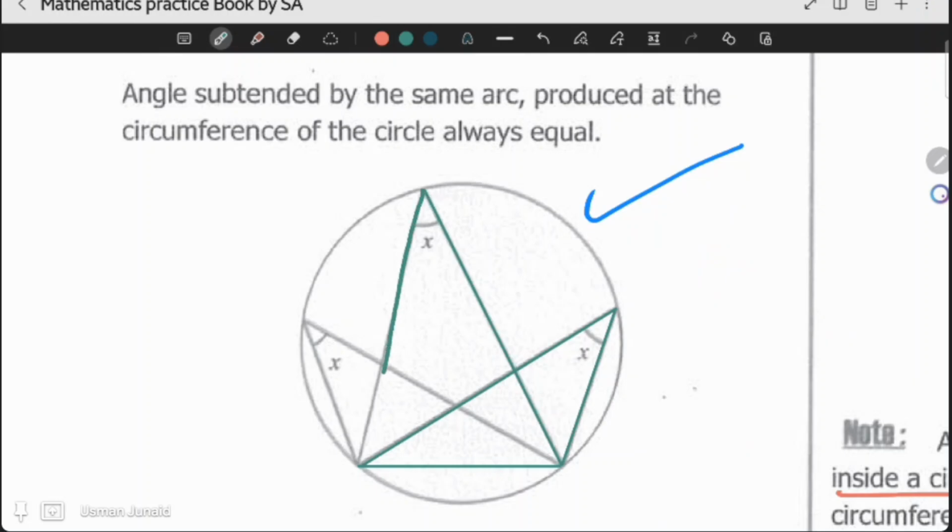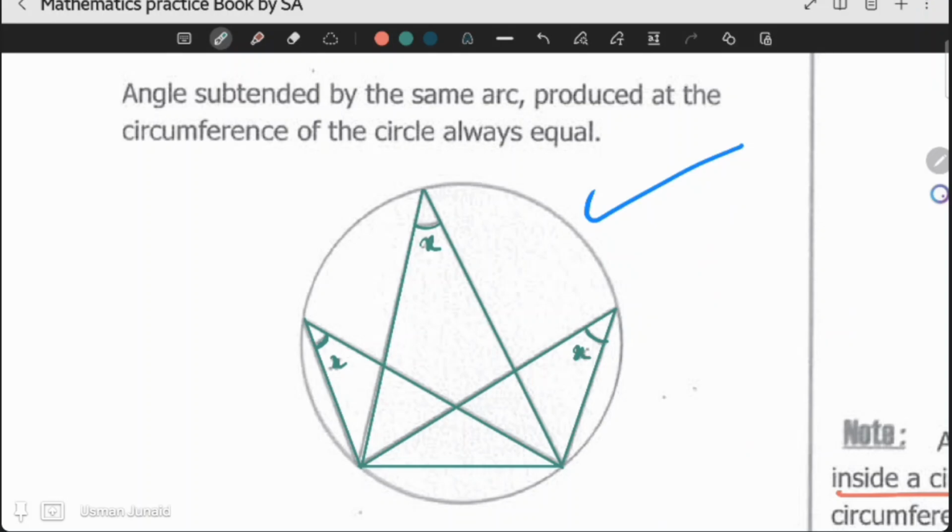Yes, sir. So in this crown, every point is at the same angle. So you put X here, X here, X here. So each of these points is the same angle.